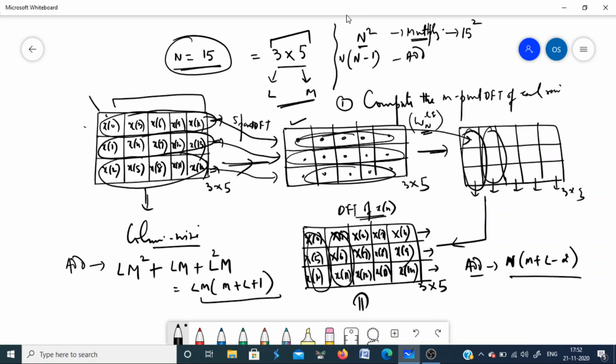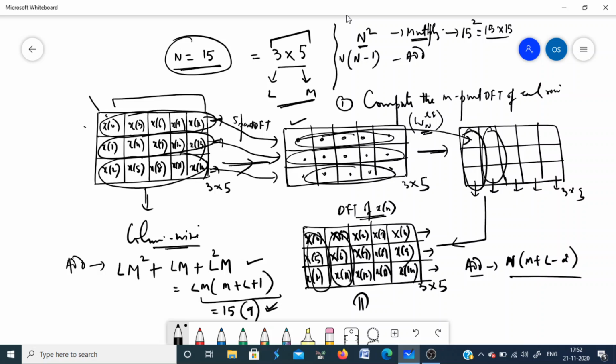But if I use this FFT approach, I need LM into (M plus L plus 1) multiplications, and LM in this case is 15, so I need 15 into (5 plus 3 plus 1), which is 9. So 15 into 9, whereas here it is 15 into 15. So your number of multiplications are reduced.